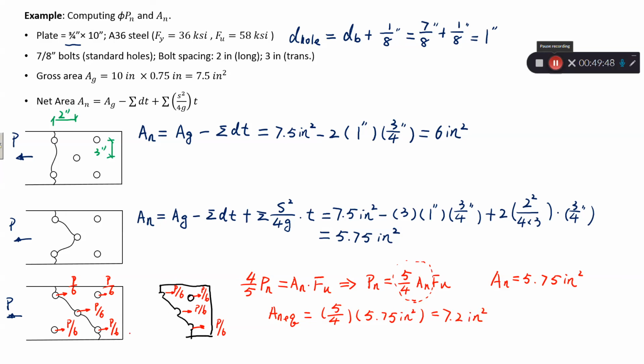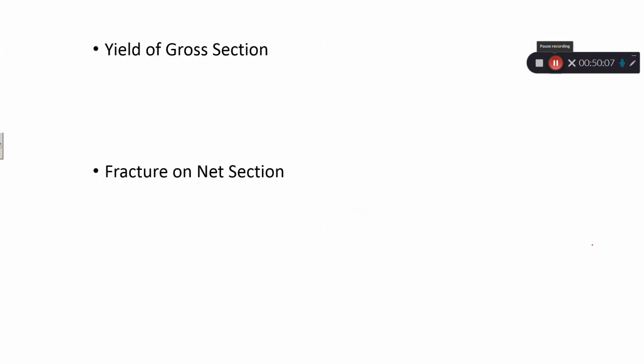Okay, so this will not be controlling. All right. So then we can draw the conclusion the pattern 2 will be controlling, so that governs. Okay, and then we figure out the AN.